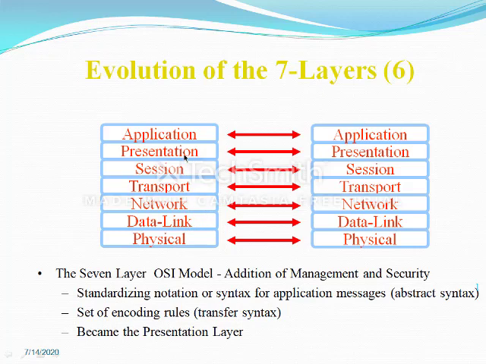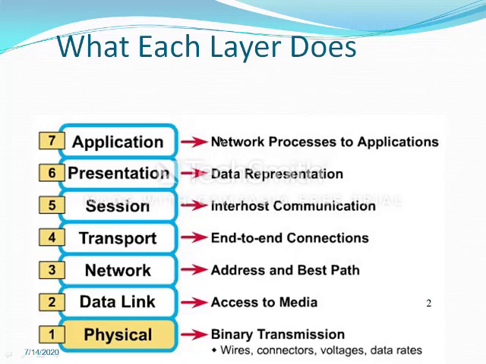So what are the 7 layers? Physical layer, data link layer, network layer, transport layer, session layer, presentation layer, application. What does each layer do? It's superficial. So, physical layer. What is the physical layer? Binary transmission.